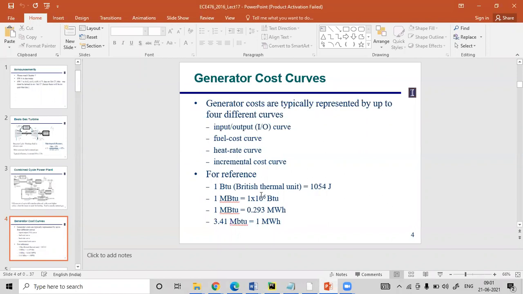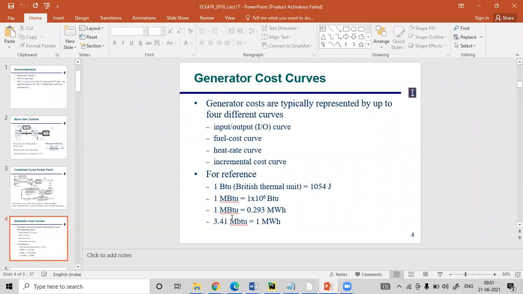For reference, this is the British thermal unit. 1 BTU is equal to 1054 joules, and 1 MBTU will be 1 into 10 to the power 6 BTU.